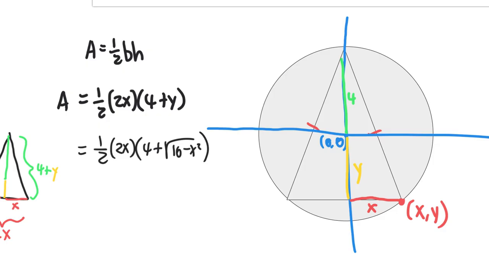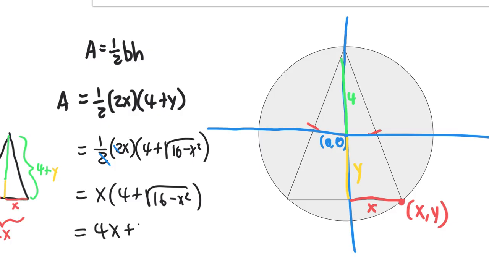So that turns out to be crucial. Now I think my student watching can see these twos cancel, and then we have this, right? Then distributing the x, we end up with 4x plus x times radical 16 minus x squared.